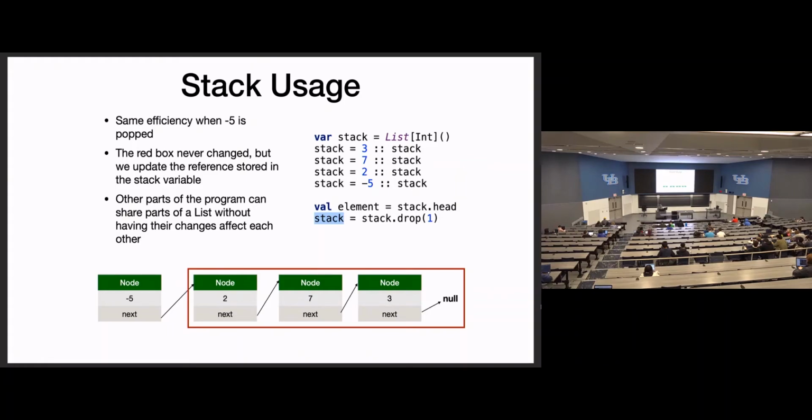Yep, exactly. Exactly what we're doing. So we didn't modify the original list at all when we prepend. We're not modifying the original list at all, but we're still returning a new list with that change applied, with the new element added to it, because we're just, instead of referring to this node, we're now referring to this node. And that effectively adds -5, prepends -5 to the list.